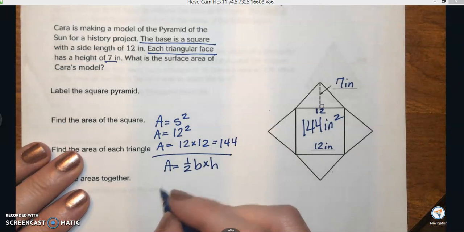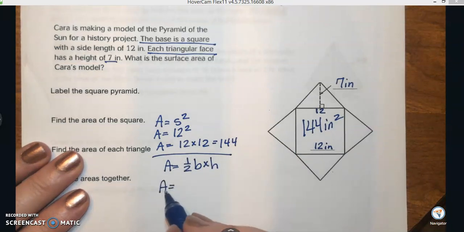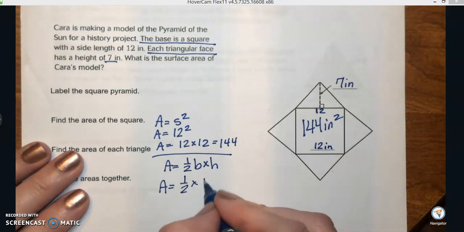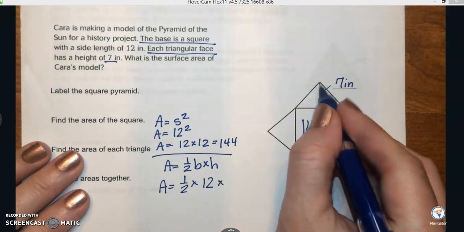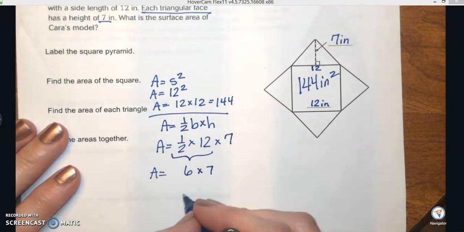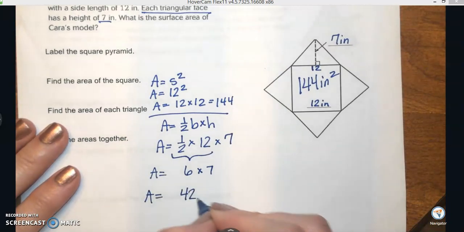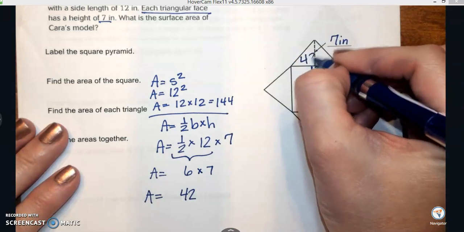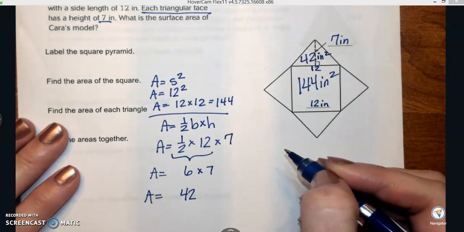You can pause it and slow it down anytime you need to. So here, area equals half. My base is 12. My height is 7. So half of 12 is 6. And 6 times 7 is 42. So for this triangle right here, that would be 42 inches squared.